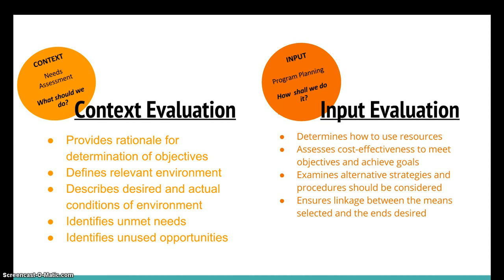Stufflebeam argues that the input evaluation is the most neglected yet important type of evaluation. The purpose of input evaluation is to create or improve plans. Each bullet point addresses some of the steps decision makers would do while focusing on an input evaluation. Like the context evaluation, input evaluation also overlaps with several functions within a needs assessment.